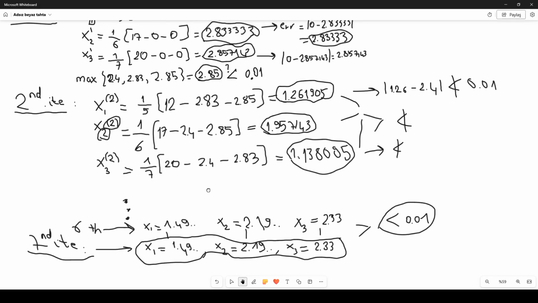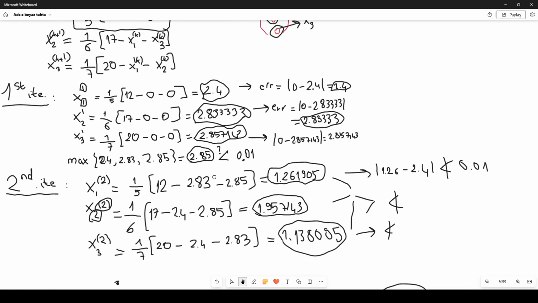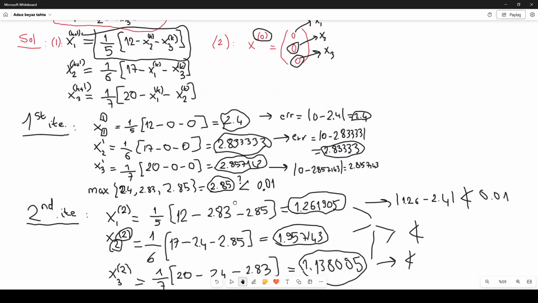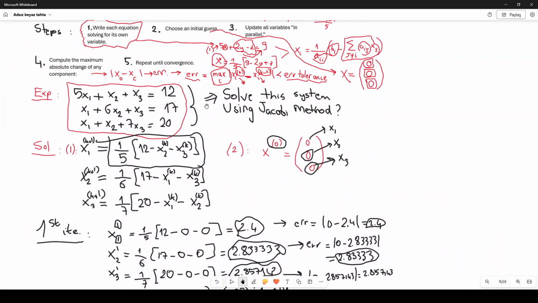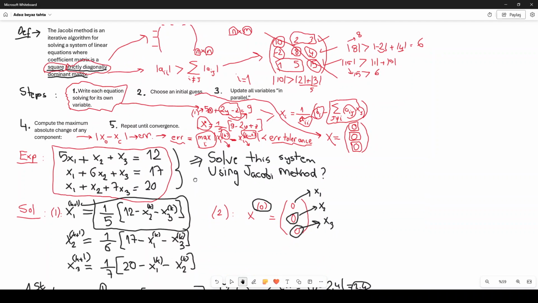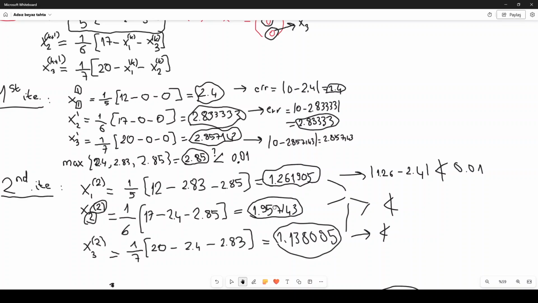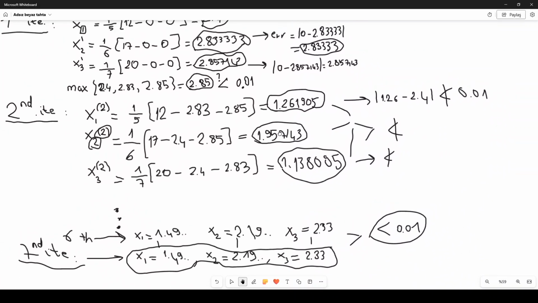And since we have a termination criteria, we are guaranteed to stop sometime in our future iterations. And this is how the Jacobi method works, and these are the steps that we should take in order to apply the Jacobi method so as to find a solution to a given system of linear equations.